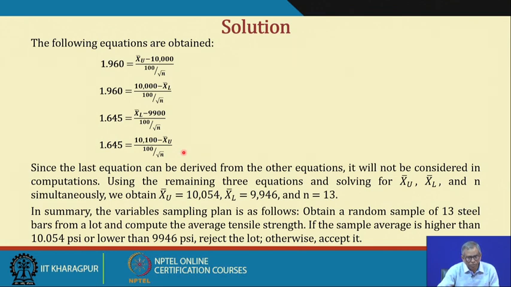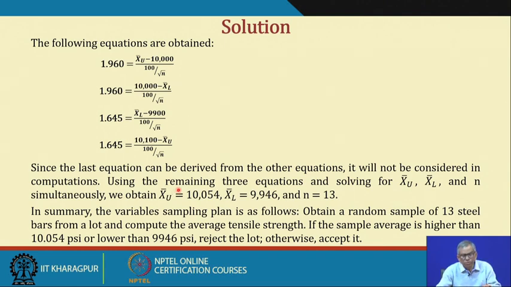Okay, simultaneous equations. So what you do, you just select out of these four any three equations. So using the remaining three equations, you solve for xu bar, xl bar and n. So what is xu bar? That is the upper acceptance limit. What is xl bar? That is the lower acceptance limit, and n is the sample size.